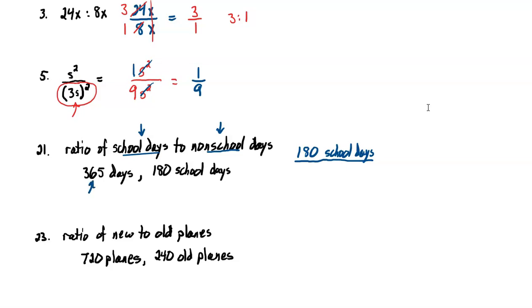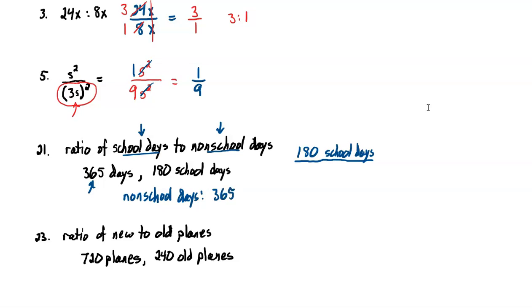Should we put 365 in the bottom? Nope, the 365 is the total number of days in a year. That's not how many non-school days there are. So you have to do a little side calculation here to figure out how many non-school days there are. There's 365 total days in the year.